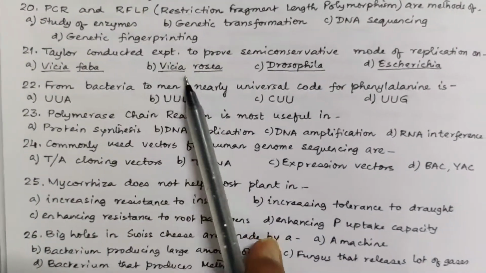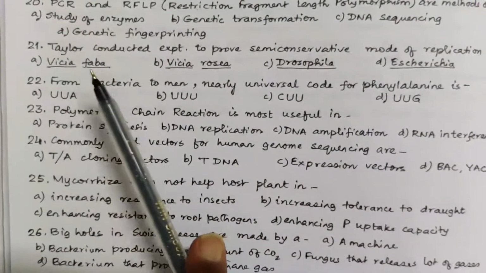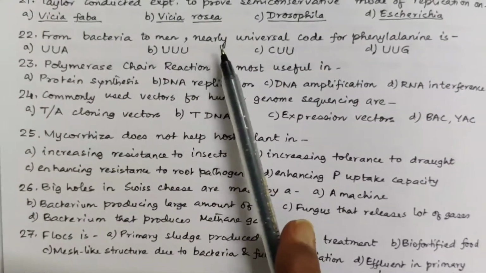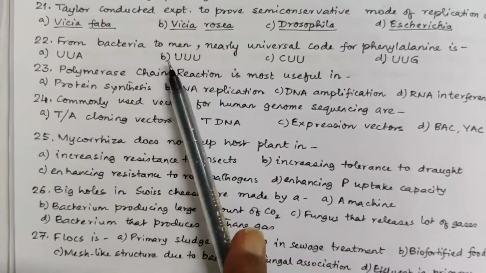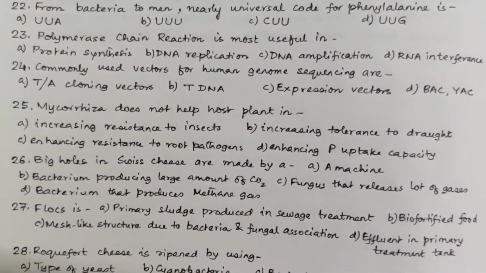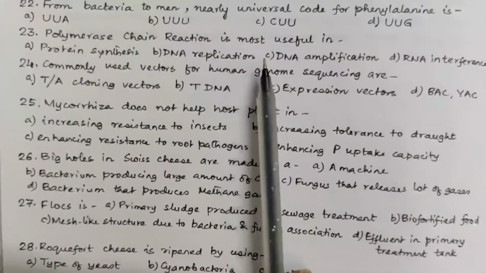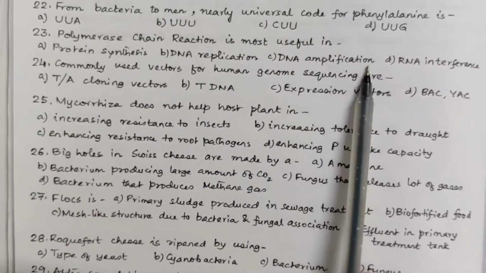Taylor conducted experiment to prove semi-conservative mode of replication on Vicia faba. From bacteria to men, nearly universal code for phenylalanine is UUU. Polymerase chain reaction PCR is most useful in DNA amplification.